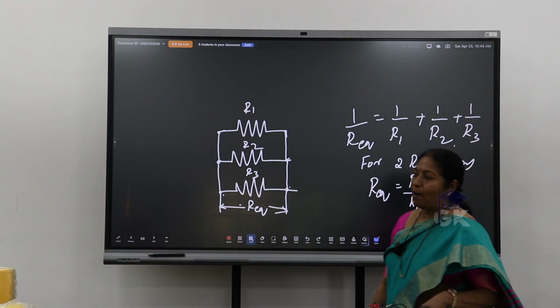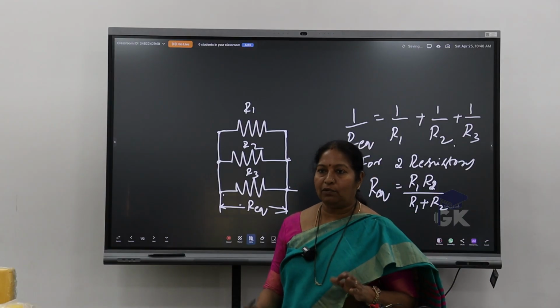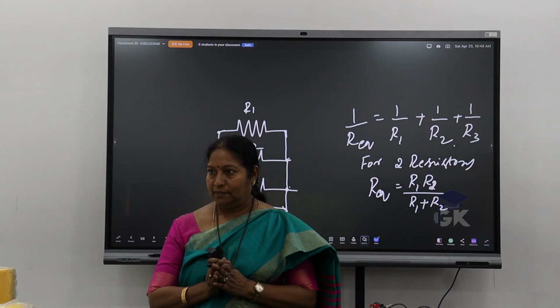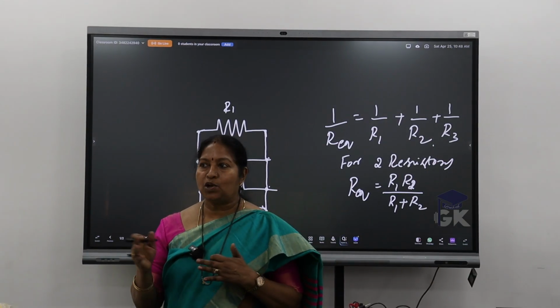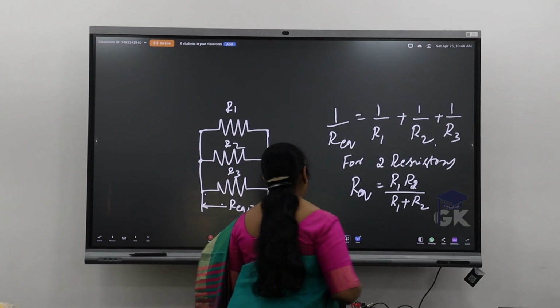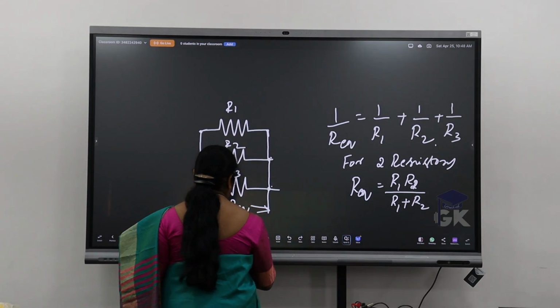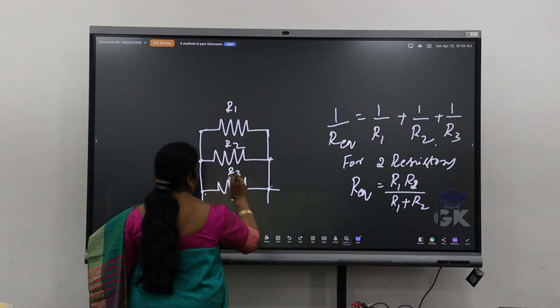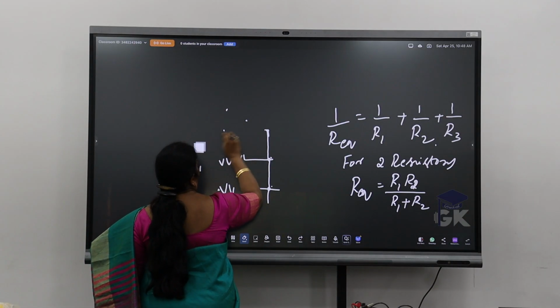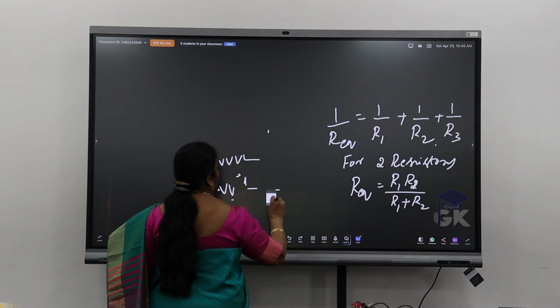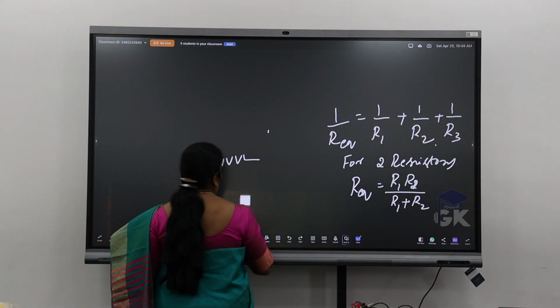Now let me give some combinations. You need to tell what is the equivalent resistance. Okay. So I'll give both parallel and series combination. Let me see how many will understand that. Write down this problem.